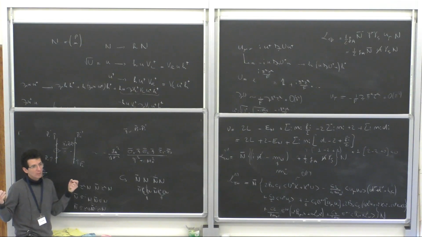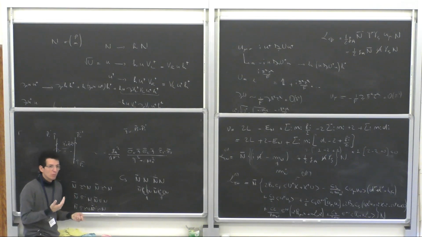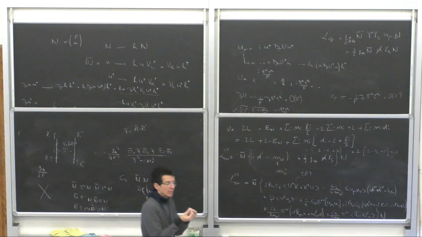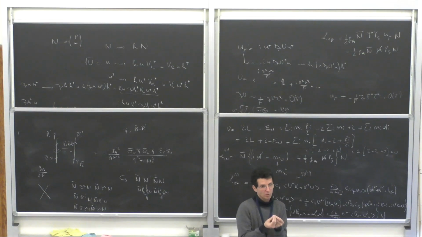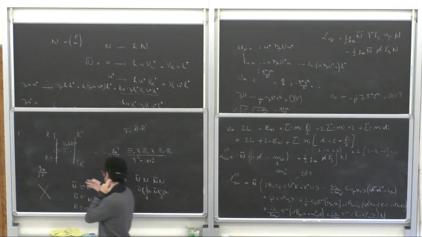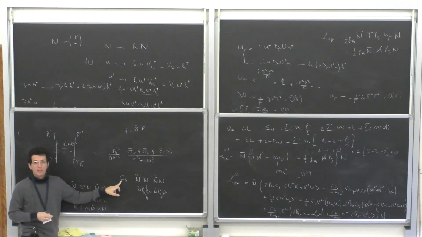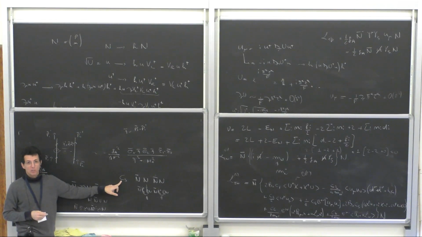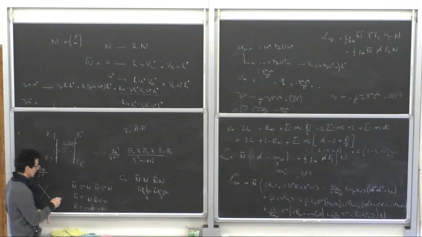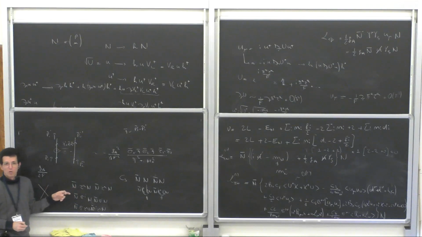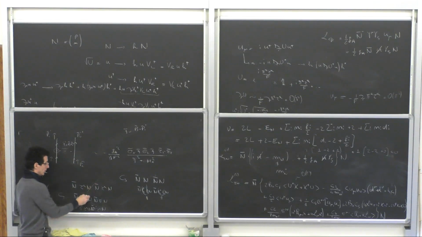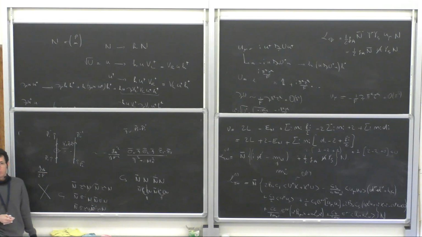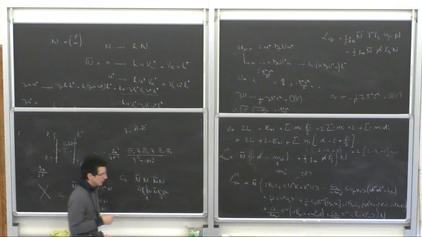In the effective description, like it was the case for the W exchange from the standard model to the Fermi theory, the diagram shrinks to a contact interaction, and the effect of these heavy mesons goes in the value of this low energy constant, CS, or this is CT, CS, CT. There are no constants attached to these interactions because of the symmetry.